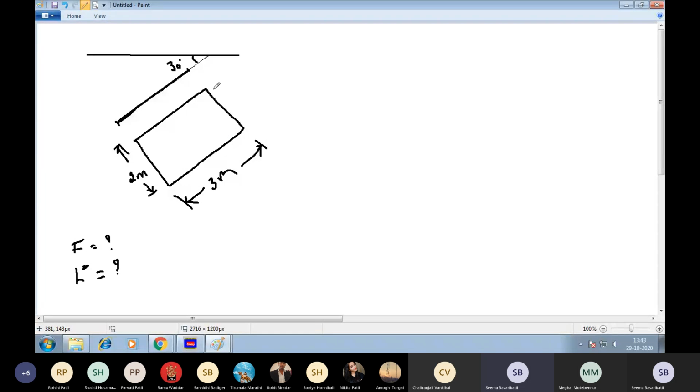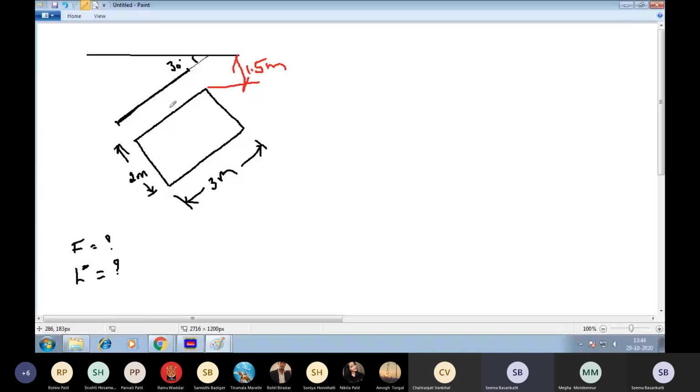Apart from that, this particular surface is at a distance of 1.5 meter, so this surface is 1.5 meter deep.